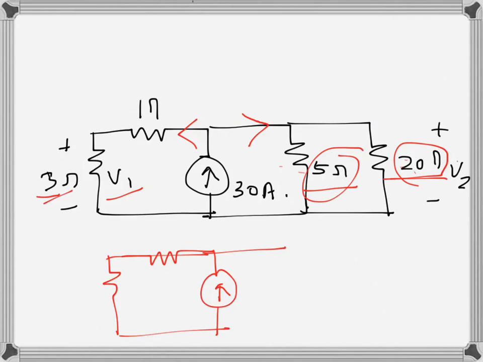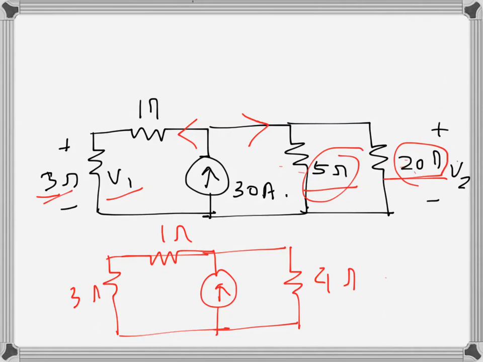The equivalent parallel resistance is 5 times 20, which is 100, divided by 20 plus 5, which is 25, so that's 4 ohms there, and this is also 4 ohms, the same resistance. So the current will just become half.